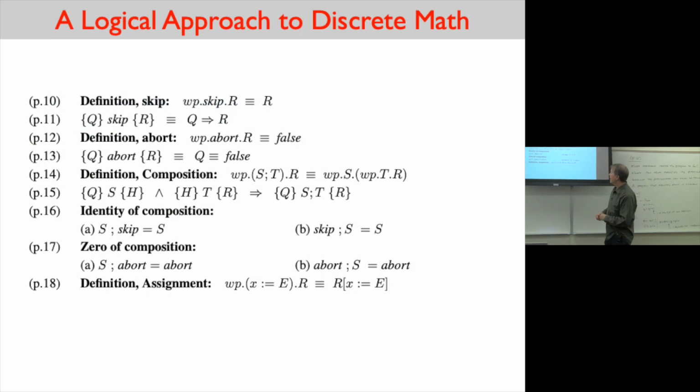So P.15, what does P.15 say? It says the exact same thing. I guess we just said in words what P.15 is, right? If Hoare triple QSH and Hoare triple HTR, then that implies Hoare triple QS followed by TR.